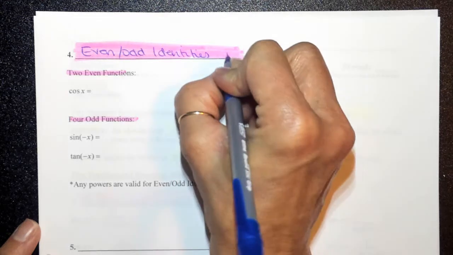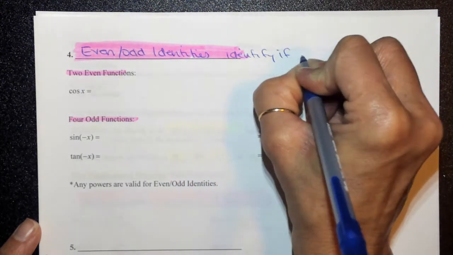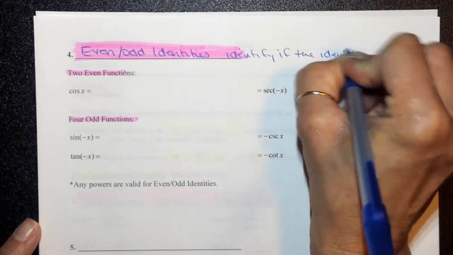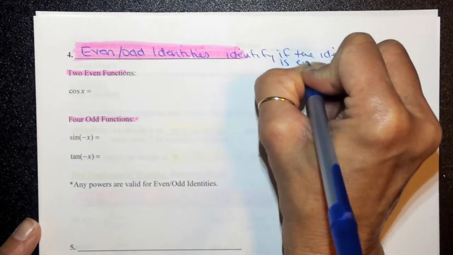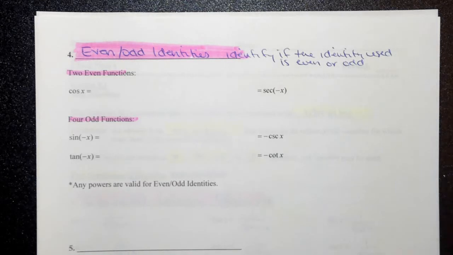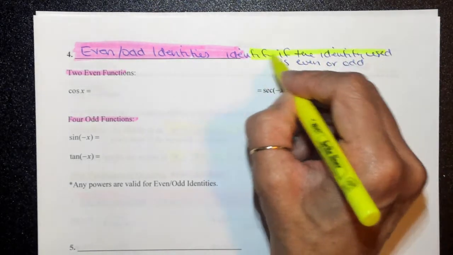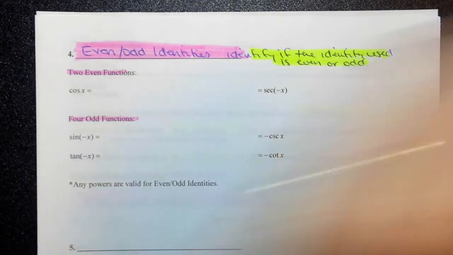So you have to identify if the identity used is even or odd. You cannot give both. Okay, so you need to make the statement, this is an even identity, or you would say this is an odd identity. Okay, you cannot just give a generic answer.